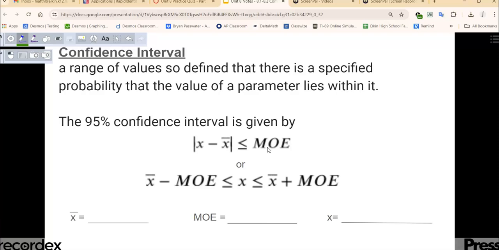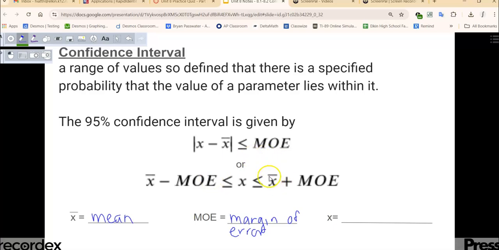So X with a bar over it in this equation right here is your mean, or your average. So what you do is you take your mean and you subtract the MOE, which is margin of error, and that's going to give you your lower number for your confidence interval.